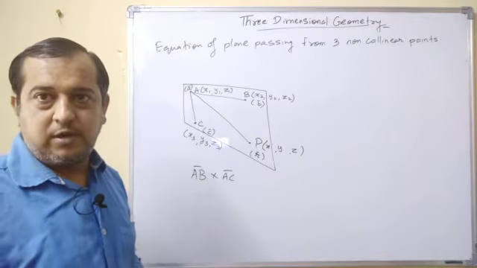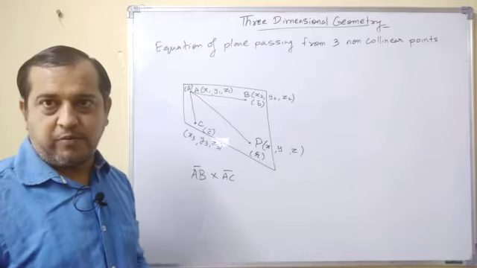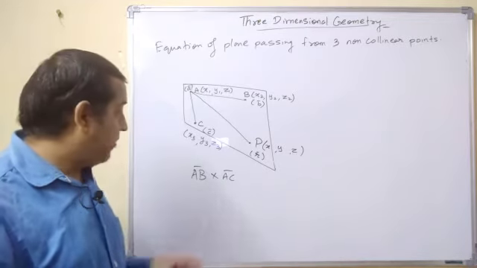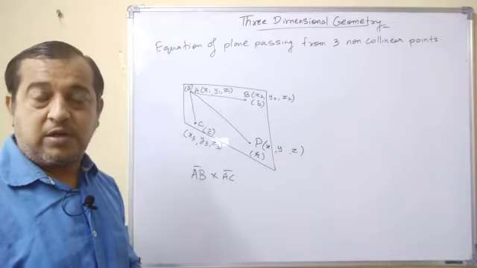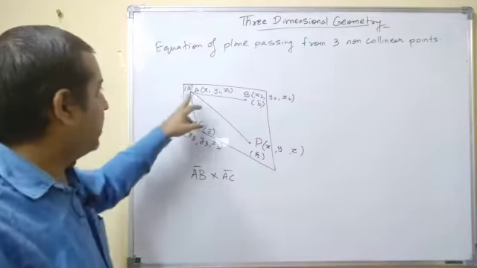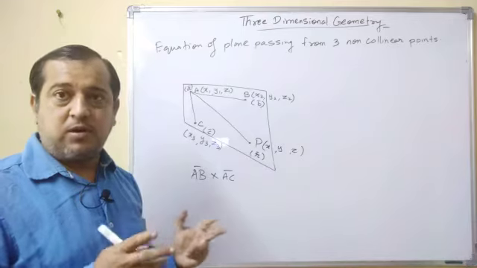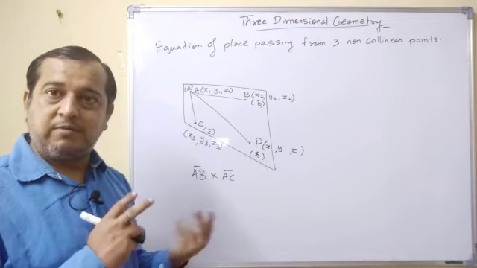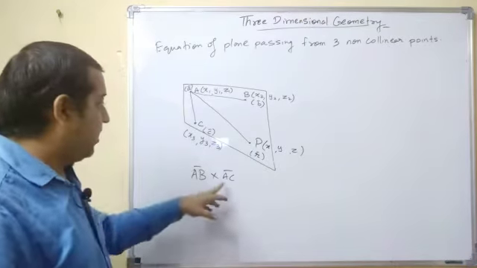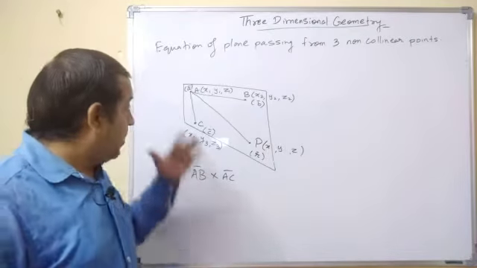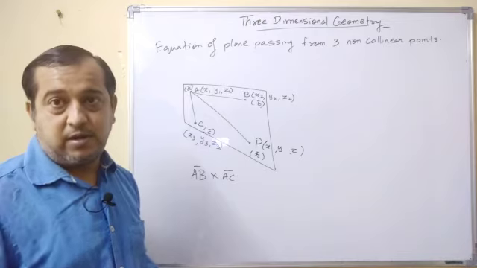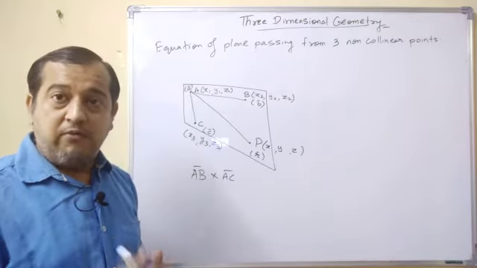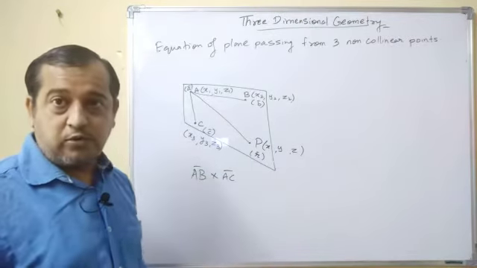A, B and C are the given points, so from them we find vector AB, vector AC, and their cross product. Vector AB will turn out to be (x2 minus x1) i cap, (y2 minus y1) j cap, (z2 minus z1) k cap. And vector AC will turn out to be (x3 minus x1) i cap, (y3 minus y1) j cap, (z3 minus z1) k cap. And we find the cross product of these two.